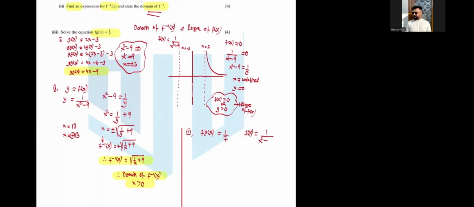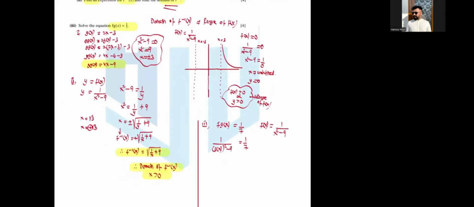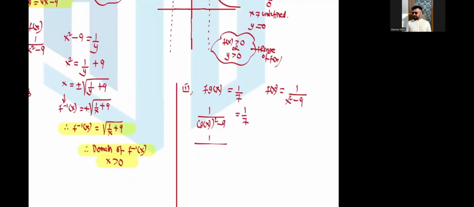So I'm going to say 1 upon g(x) squared minus 9, which means that in place of x, I'm going to substitute the g(x) function, which is 2x minus 3.